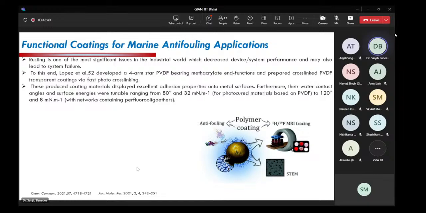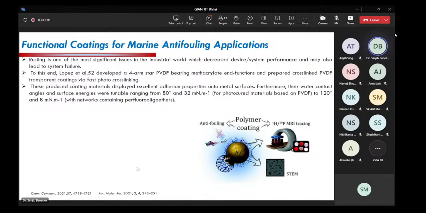If I am not wrong, the paper which was published by your department on self-healing polymers, was that using this type of thing? Yes, yes, yes. That was using this kind of thing.